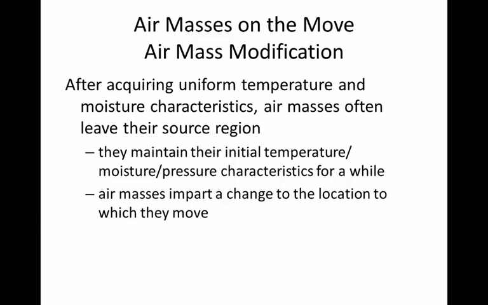Like I said, when a chunk of air sits over a source region and picks up the characteristics of that region, it's like gaining an accent. Well, you can also lose an accent, and that's what air mass modification is. Say you have a chunk of air that's continental polar, over Canada, dry and cold.